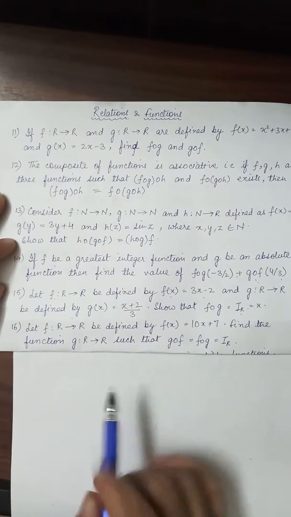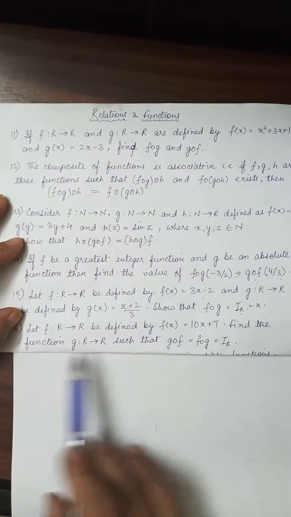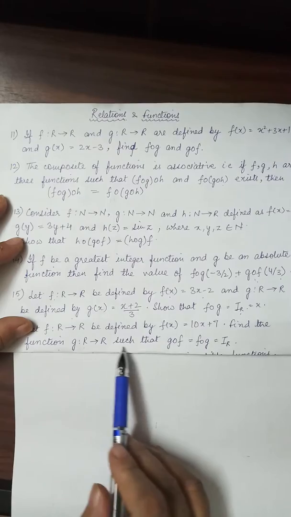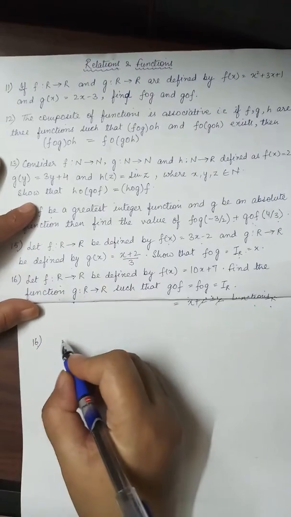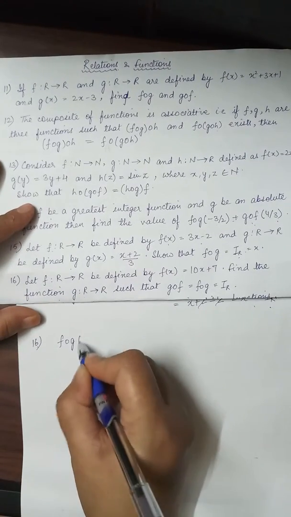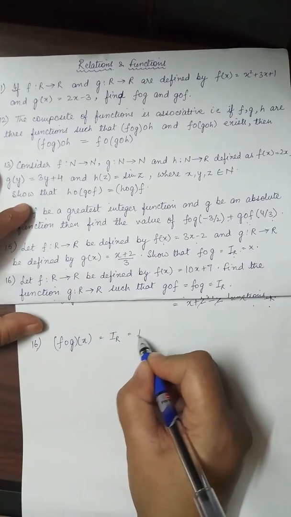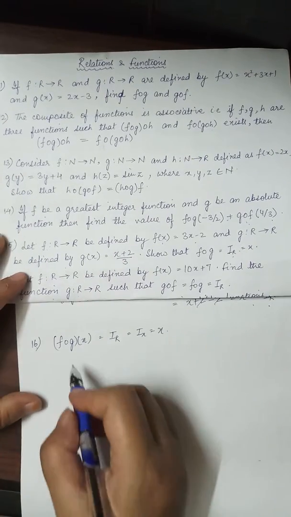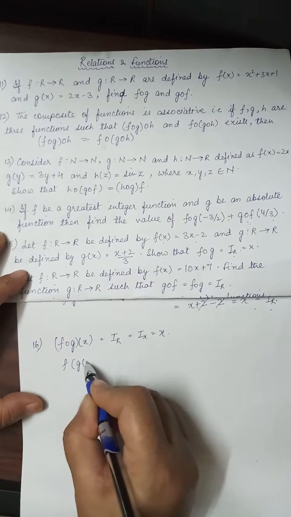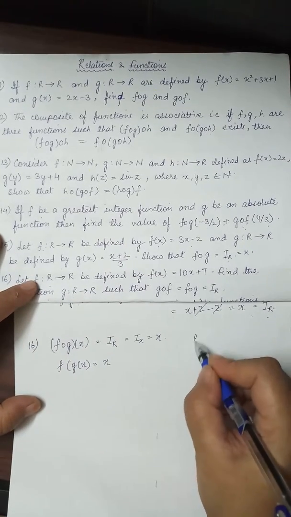Now let us do one more sum of the type. If f is a function from R to R defined by f x equals 10x plus 7, find the function g, which is also from R to R, such that g o f equals f o g equals I R, that is the identity function. Now let us say f o g of x is I R. I R is nothing but I x, or x. Now f of g x equals x. The function f x is given to you as 10x plus 7.